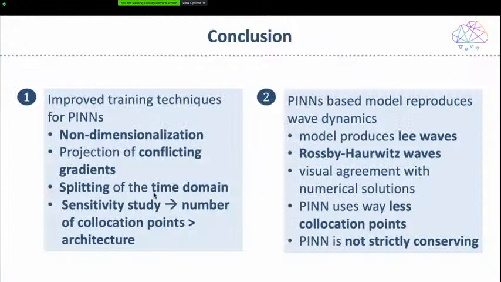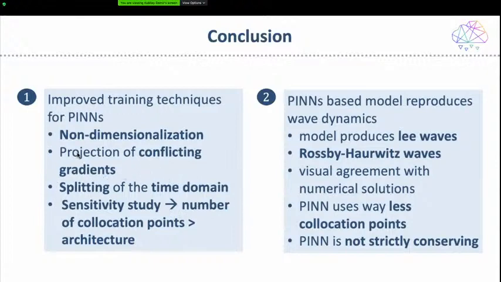To conclude all this, this paper has shown a few different aspects of how the training can be improved for physics-informed networks, which are interesting and also go along the lines of the physical approaches, as David said in the beginning. Especially with the splitting of the time domain, they seem to find very good solutions.